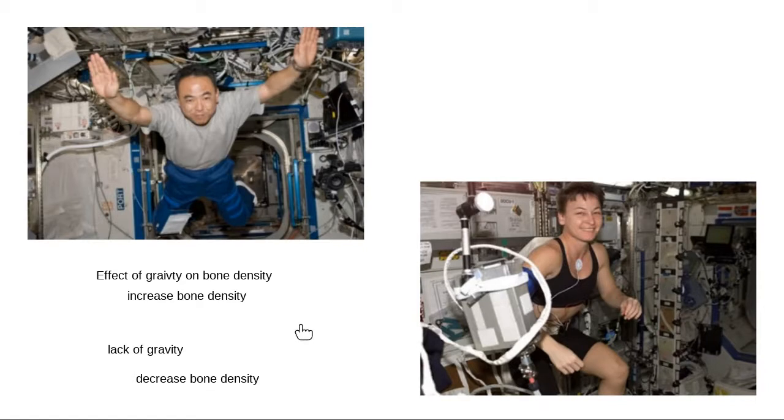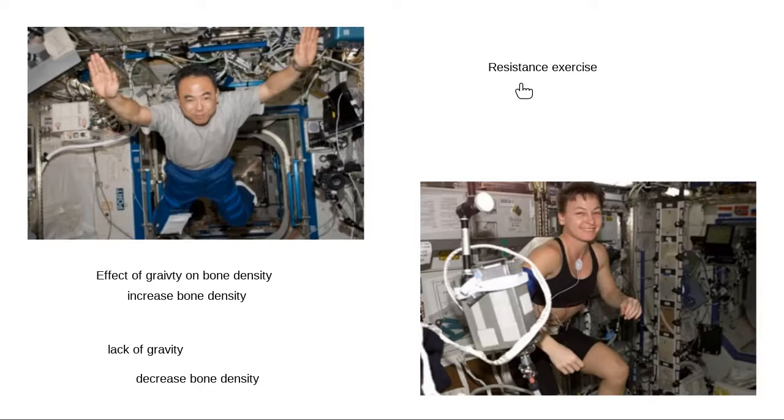So one of the ways that we poorly try to combat that, but we're doing something at least, is we have astronauts engage in resistance exercise. The goal of resistance exercise is to get your muscles to pull really hard on your bones. Because another way for us to increase bone density, here on Earth or in space, is to pull on those bones.